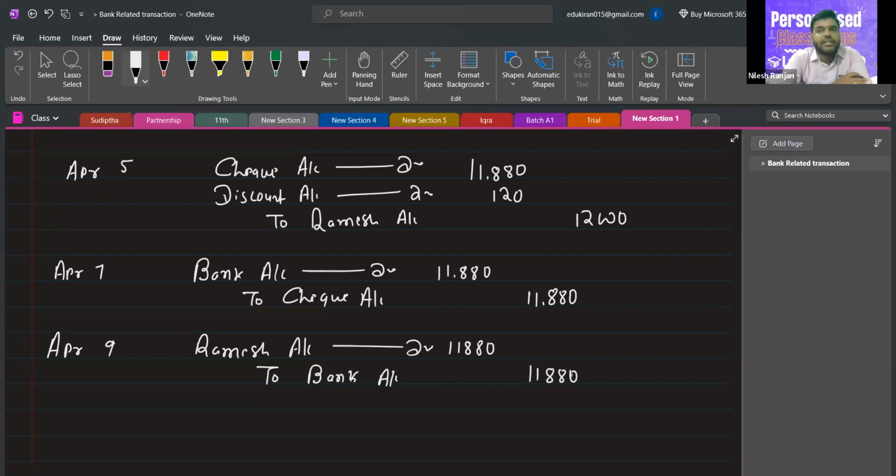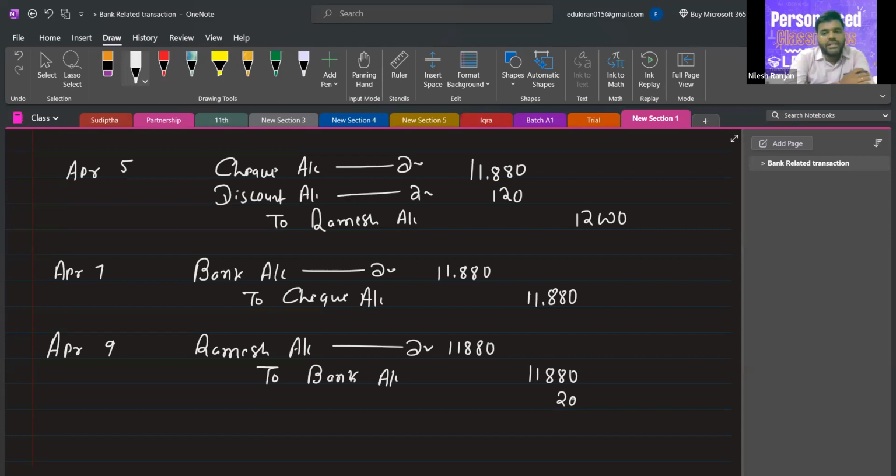Bank says that it is your mistake, you did the wrong thing, so we will deduct money from your account. So 20 rupees is going from our bank account.